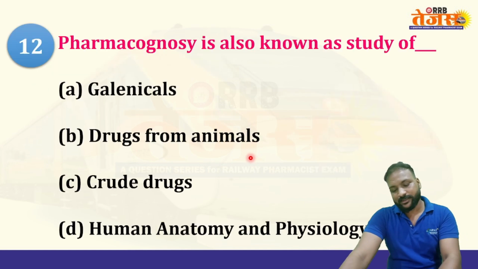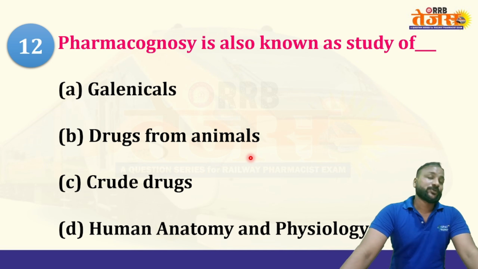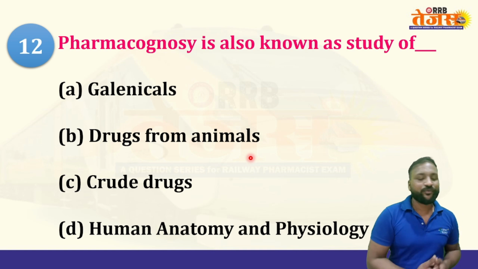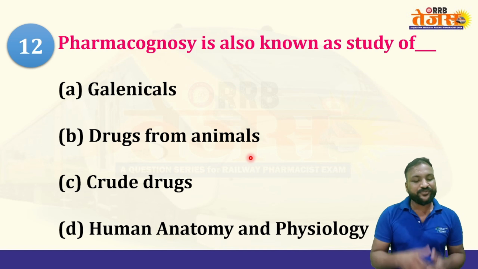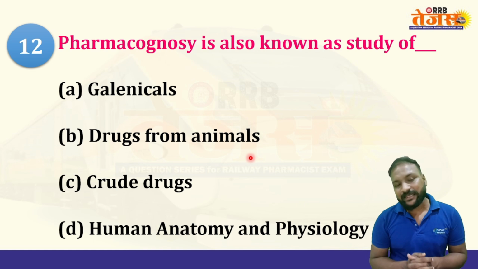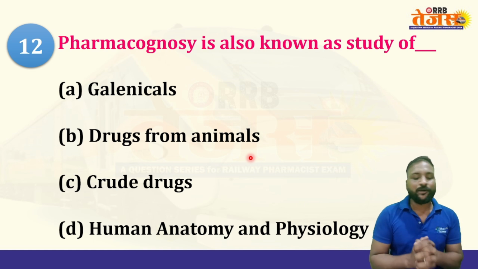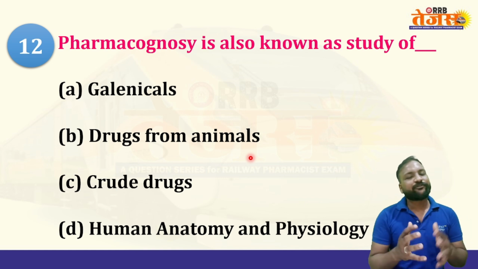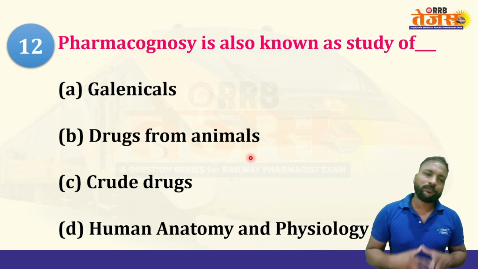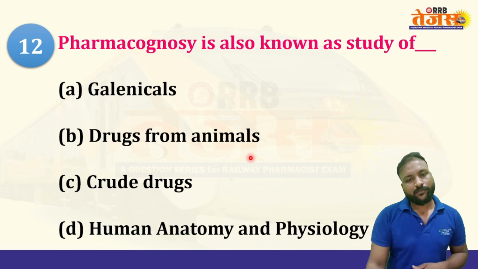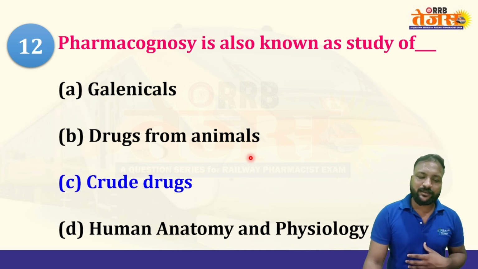Yes. Question number 12. Pharmacognosy is also known as the study of: option A, galenicals; option B, drugs from animals; option C, crude drugs; and option D, human anatomy and physiology. So, what is the right answer here? We'll check the right answer.